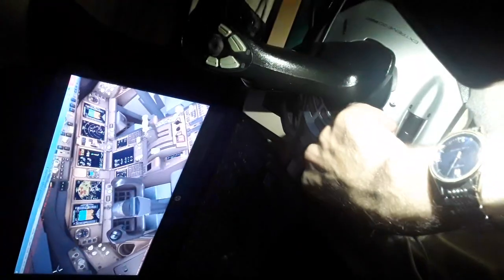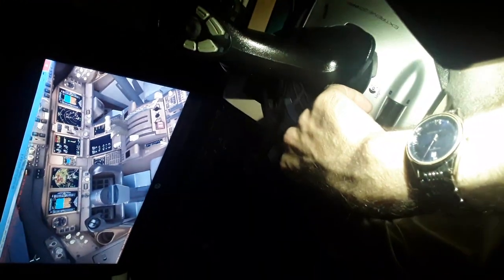Also make turns right, make turns left like this. Also using the thrust levers like this. So you can see we have the thrust levers position here. So we climb, make turns right, left.